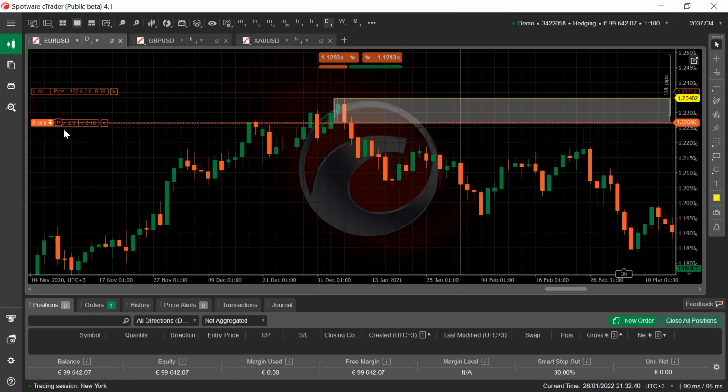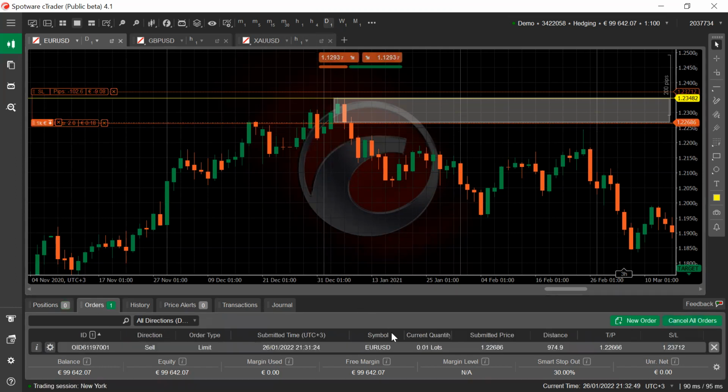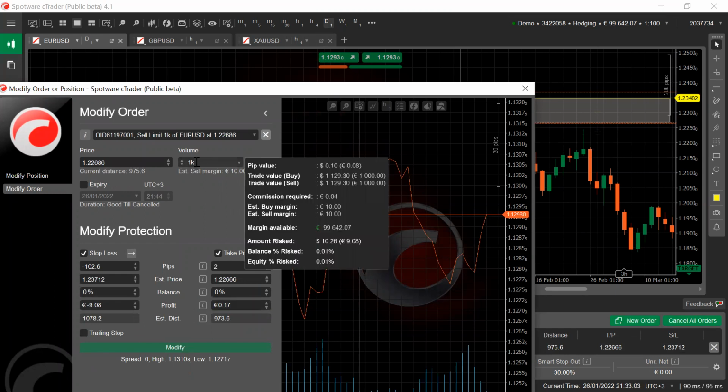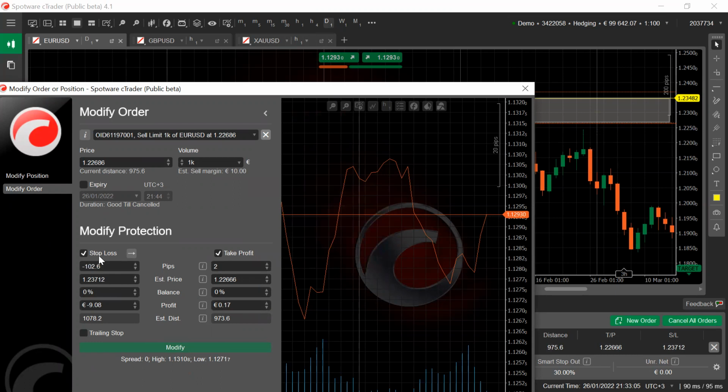I'm trying to move this down. Let me see if I can. Here, modify order. So when we're modifying the order here, I want to put our take profit to 15 pips.